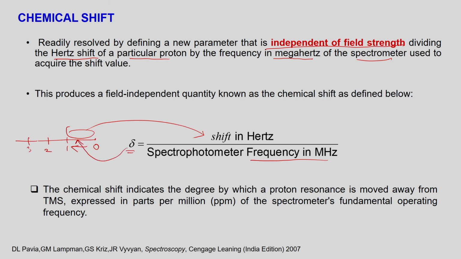So, the shift in hertz is related to the chemical shift, that is delta. The chemical shift indicates the degree by which the proton resonance is moved away from TMS. This will always be expressed in parts per million, because it is hertz here and megahertz here. Megahertz means 10 to the power of 6. So, you have parts per million, ppm, of the spectrophotometer fundamental frequency.